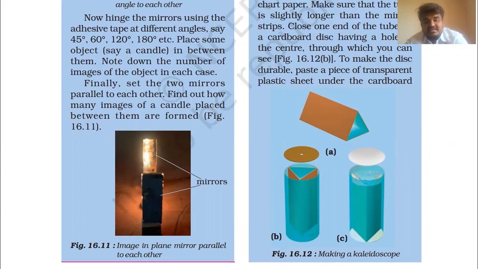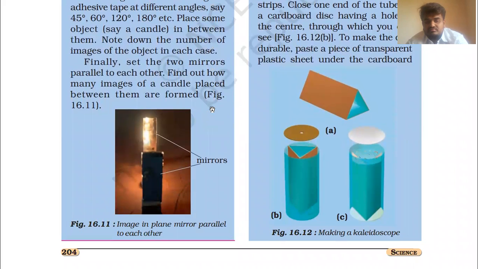Finally, set the two mirrors parallel to each other. Find out how many images of a candle placed between them are formed. This example you can see in some hair salons. I'm not saying that in each and every hair salon there is a mirror behind you, but some hair salons also include a mirror behind you.